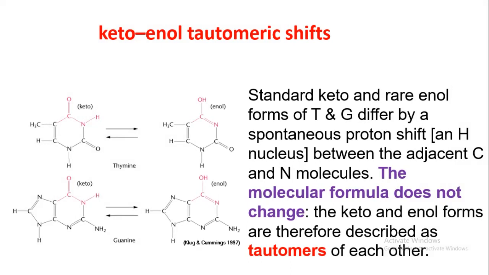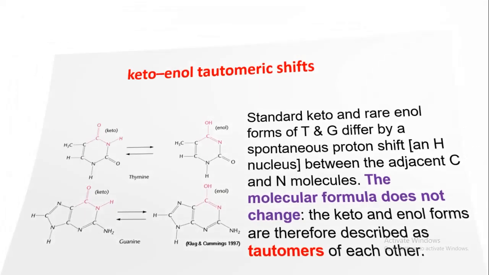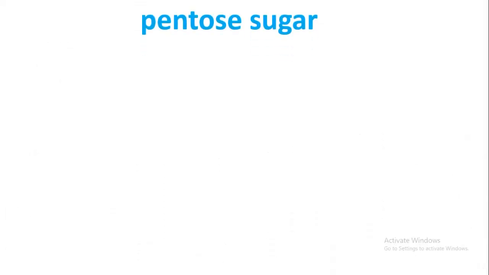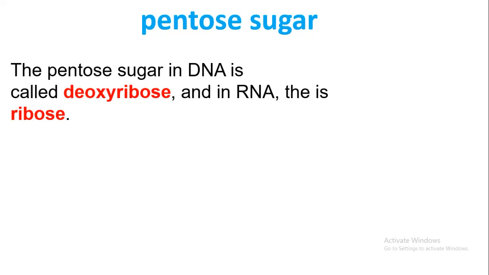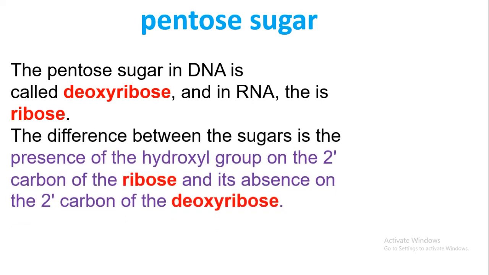I'll give an exam question about this, and people should be able to answer it. Okay. The next one we can talk about is the pentose sugar. When you talk of the pentose sugar, this is one of the parts which brings the differences between RNA and DNA.